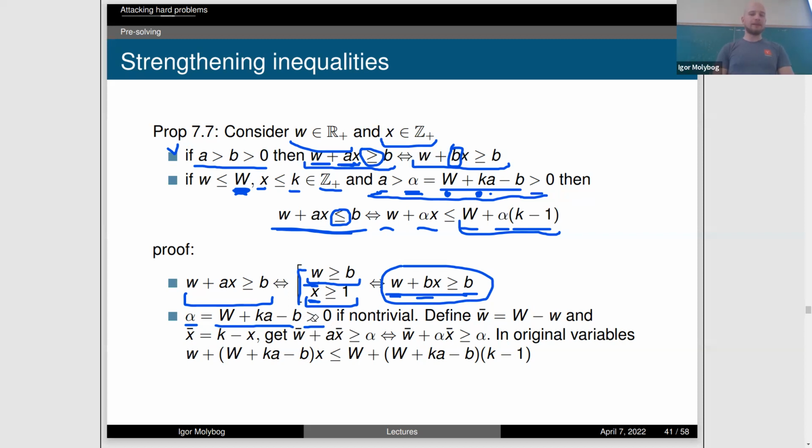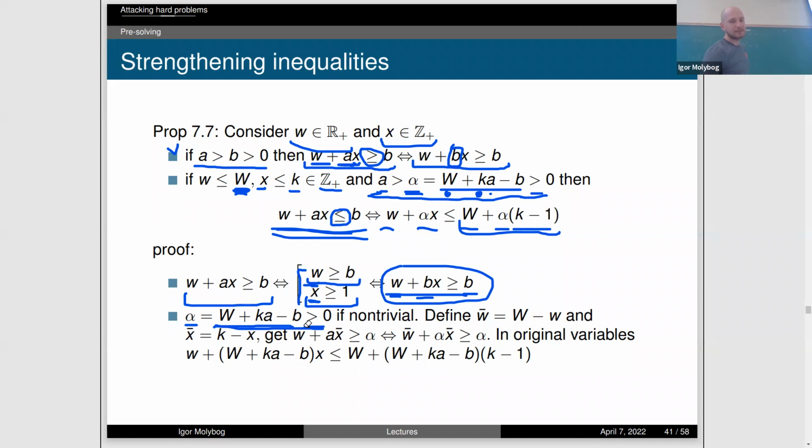And it is in fact a necessary condition for saying that the problem is non-trivial, because if this condition doesn't hold, then after substituting the upper bounds into this inequality, instead of just the normal w we would substitute the capital W, and then we substitute the k.